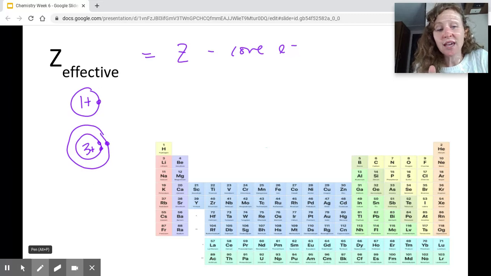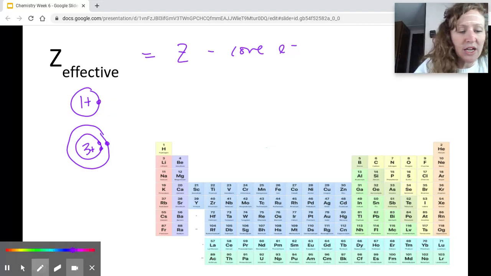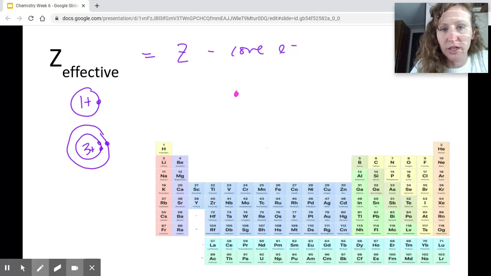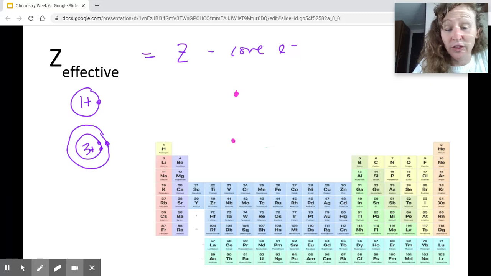So in this case, what's happening is those core electrons act like little soldiers with shields, right? So we have a nuclear charge in the middle. We have a nuclear charge of 1 in terms of protons for hydrogen. In lithium's case, we have 3, right?